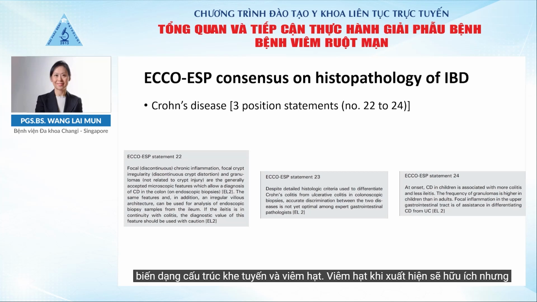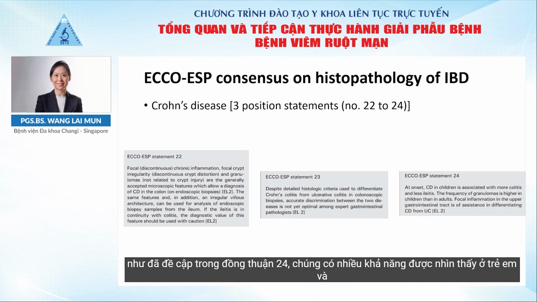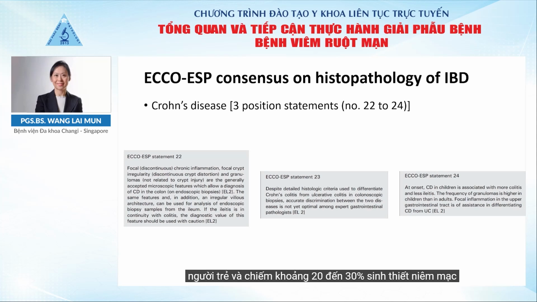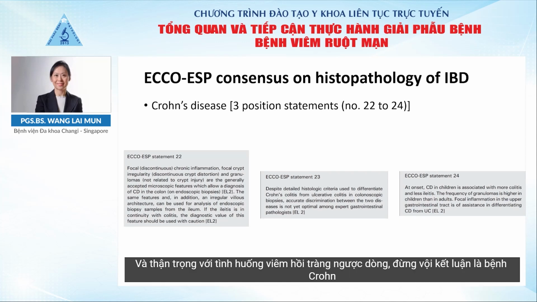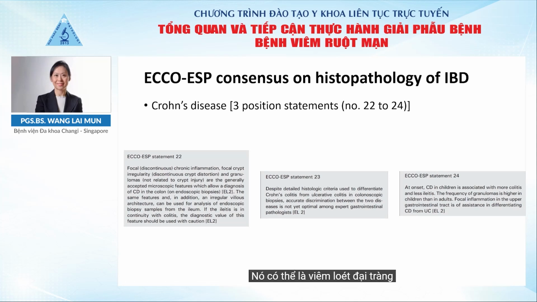Granulomas, when present, are helpful, but as mentioned in statement 24, they are more likely to be seen in children and young adults, and about 20 to 30% of the mucosal biopsies that we see will have granulomas in them. And watch out for the situation of backwash ileitis. Do not just jump to the conclusion that it's Crohn's. It's probably going to be ulcerative colitis.